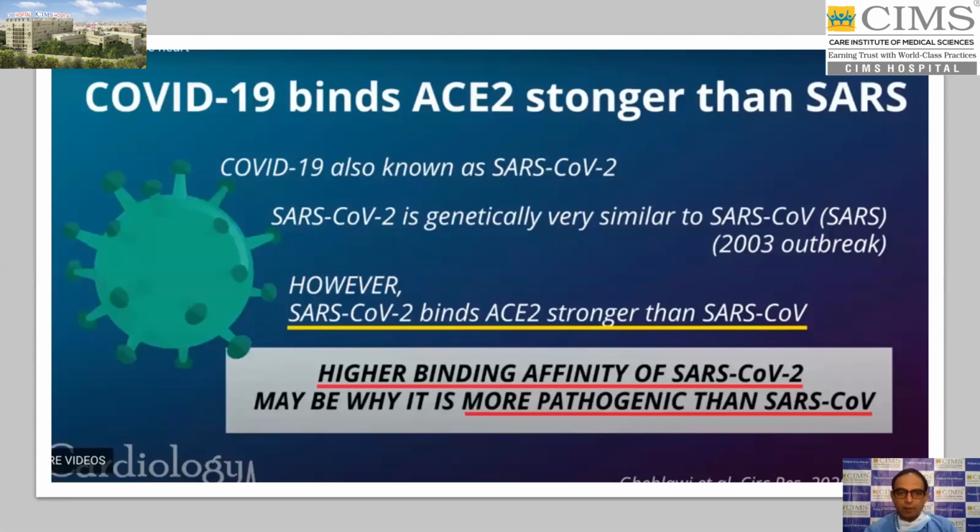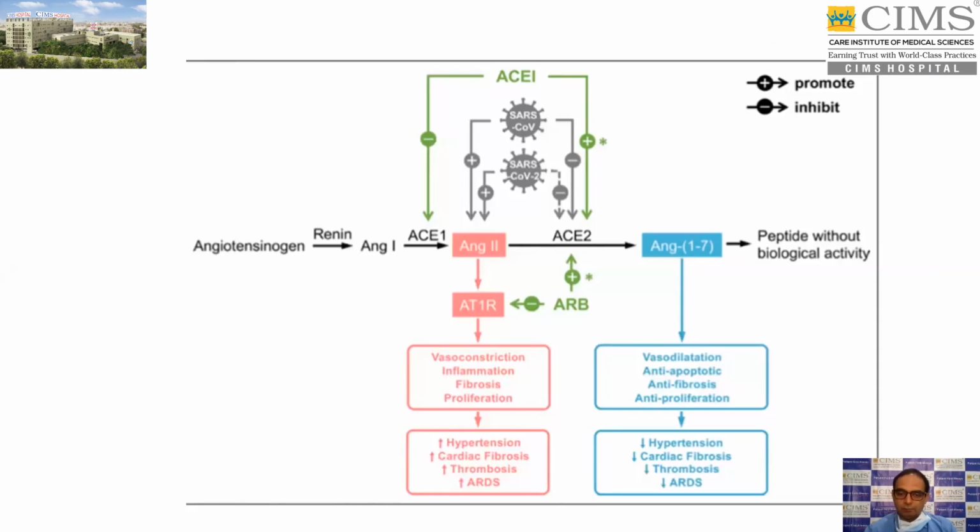And in fact, I'll come to the future slides where all the leading societies have come up with a consensus statement that ACE inhibitors should be continued in the patients with COVID infections, and they should not be stopped actually.